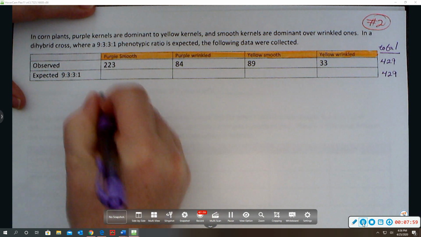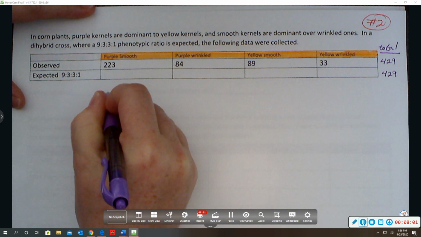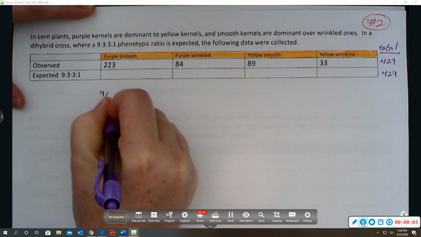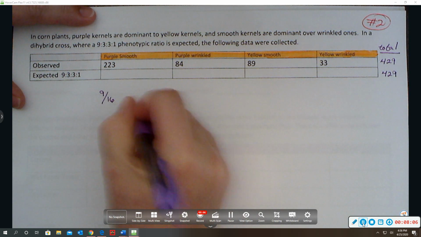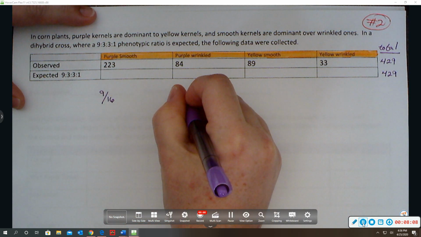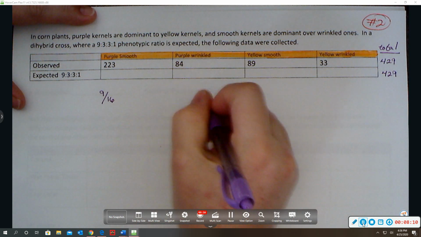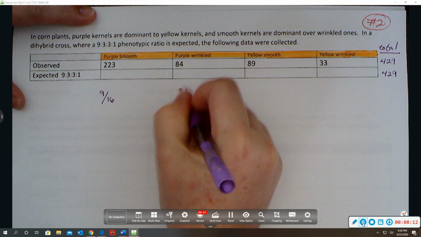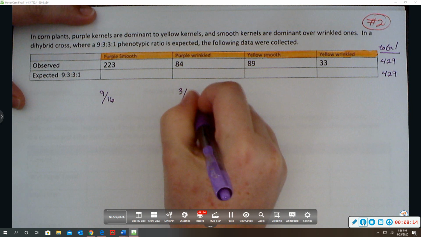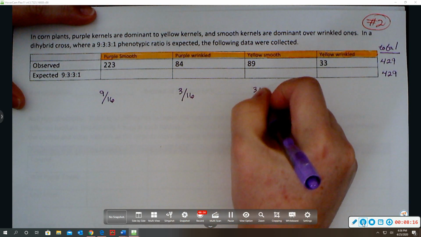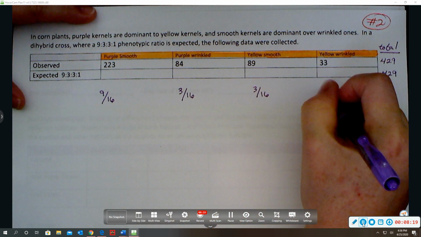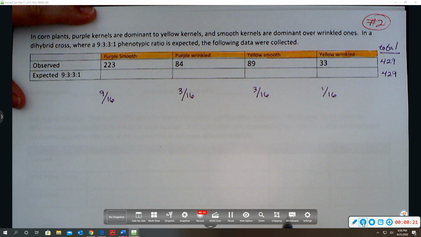Well, remember, all of those are out of 16. If you remember how to do a dihybrid cross, all of these are out of 16. So we expect purple smooth to be 9 out of 16, purple wrinkled 3 out of 16, yellow smooth 3 out of 16, and yellow wrinkled 1 out of 16.